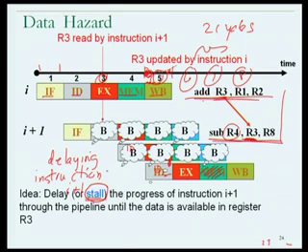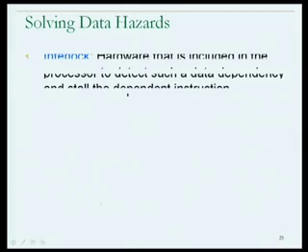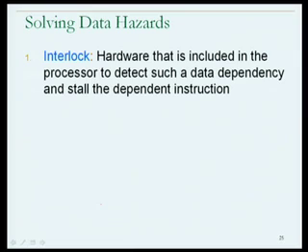Now, I just mentioned that the decision whether or not to stall an instruction is not a programmer decision, it's not a compiler decision. Very clearly it's a hardware decision. So there must be a piece of hardware that decides whether or not to delay an instruction in its progress through the pipeline. Such a piece of hardware is known as an interlock.